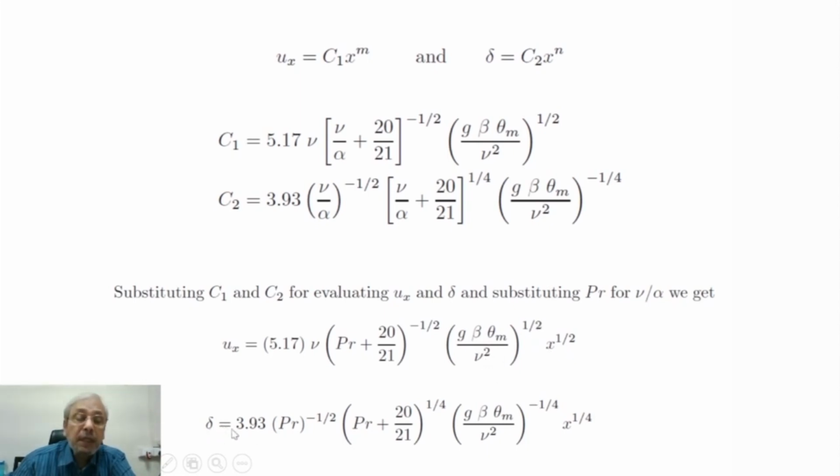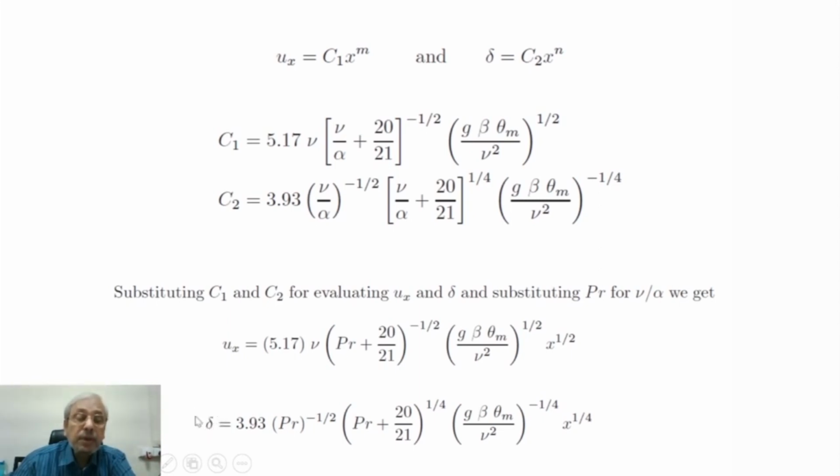Similarly, delta equals 3.93 Prandtl number to the power minus half, Prandtl number plus 20 by 21 entire quantity to the power 1 by 4, g beta theta m by nu square to the power minus 1 by 4 and x power 1 by 4. So these are the closed form solutions of the velocity field and the growth of the boundary layer.